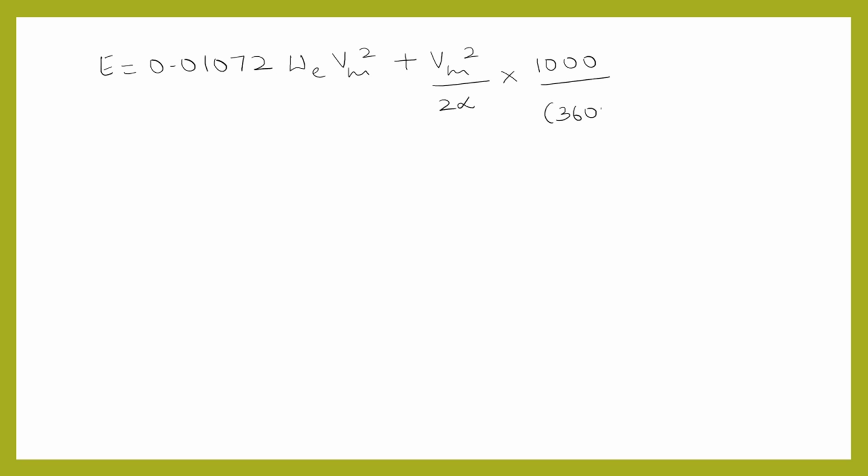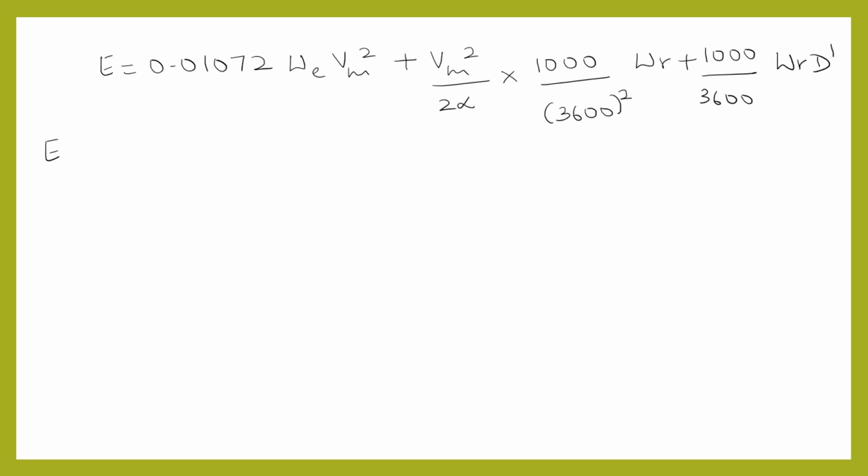So we have E is equal to 0.01072 We Vm square plus Vm square by 2 alpha into 1000 by 3600 square Wr plus 1000 by 3600 Wr D dash.